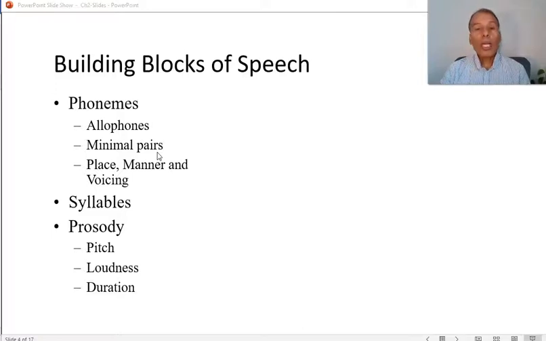So that is what a minimal pair is, and we use these minimal pairs as an effective way of teaching students who have speech sound disorders how to produce particular sounds. For example, when a child cannot say a sound, one of the exercises I would do with them is say bay.